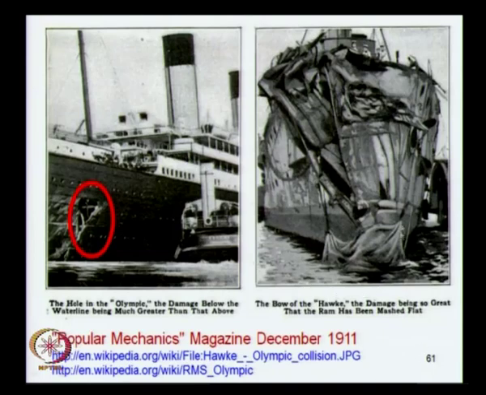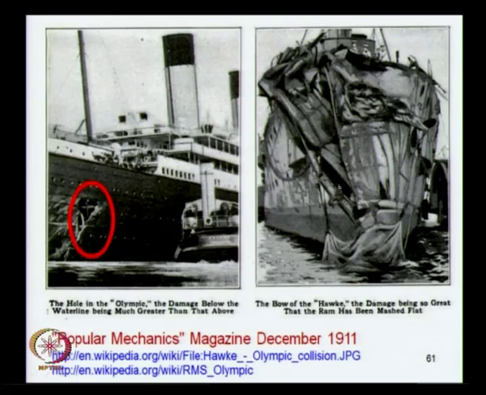This is the ship Hawk. This is enormously damaged. There is a hole over here, and if you are able to read this note, the damage below the water line was actually much greater than the damage above.